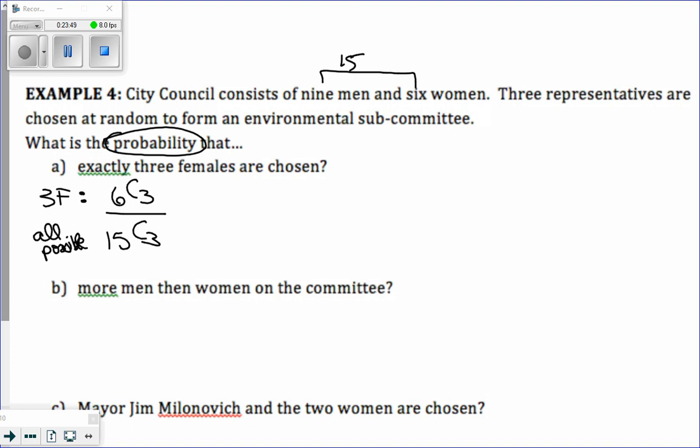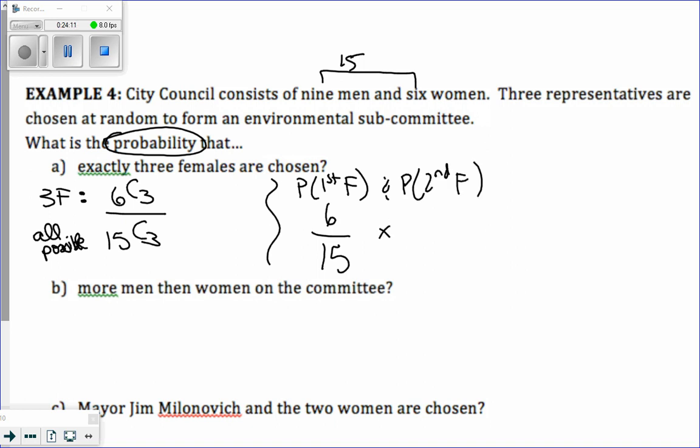Usually when it's a combination question, you can also do it as probability. The probability that the first is a female: how many women do you have to pick from, out of how many? 15. And the probability that the second is a female: you got the first woman selected, she's out of there, Joyce is on the committee. I just don't know why that name came to me.